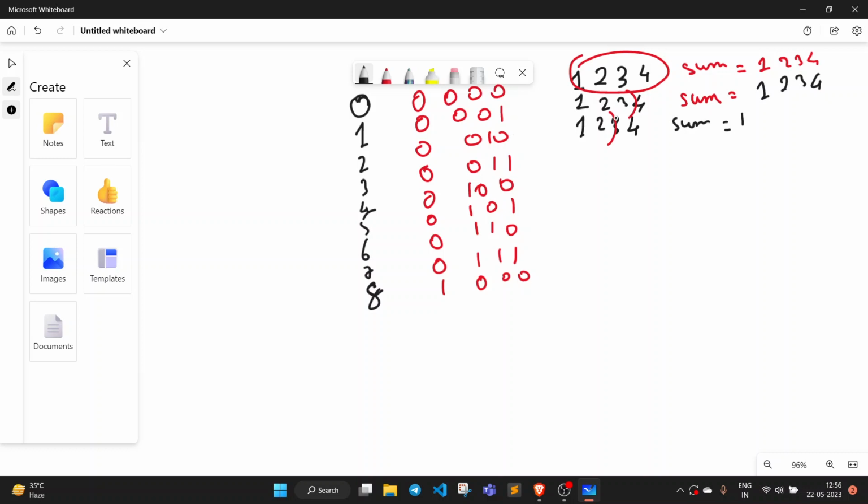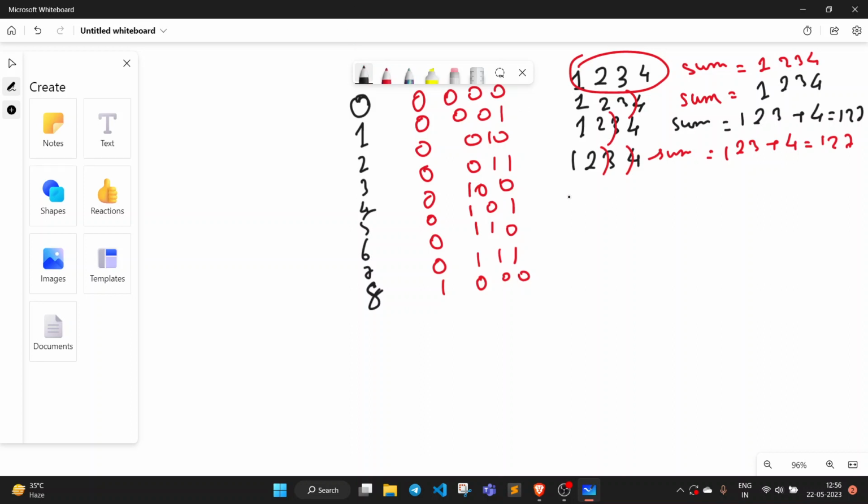Now in this case our partition ends at 3, so 1 2 3 plus 4, that is 127. Now again 1 2 3 4. So our partition is at this position, meaning 3, and the partition ends at 4. So what will be the sum? 1 2 3 plus 4, is 127 again.